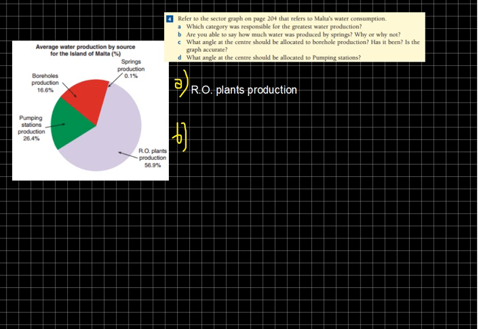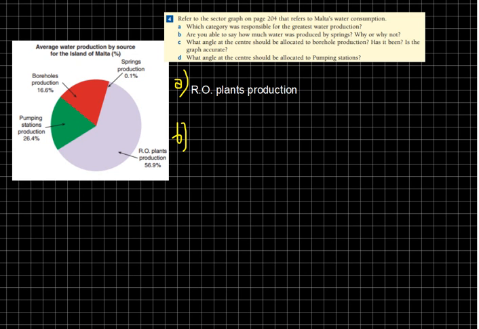It's not possible, and that is one of the mistakes that this graph has. It is not providing the amount of water produced on the island of Malta. It's just giving percentages, and that's it.